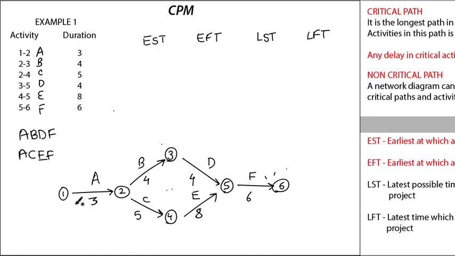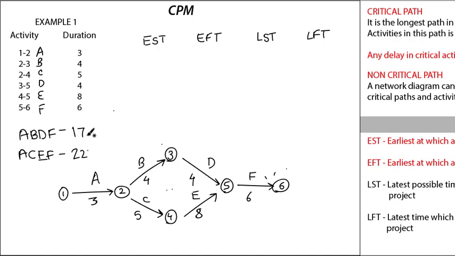Let's calculate the duration for both the paths. For A, B, D, F, it will be 3 plus 4 plus 4 plus 6. So 3 plus 4 is 7, 7 plus 4 is 11, 11 plus 6 is 17 days. And ACEF is 3 plus 5 is 8, 8 plus 8 is 16, 16 plus 6 is 22.